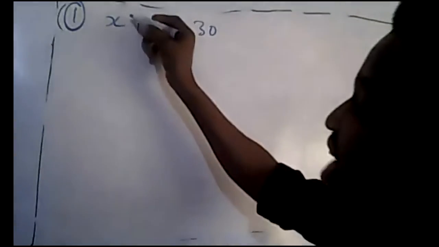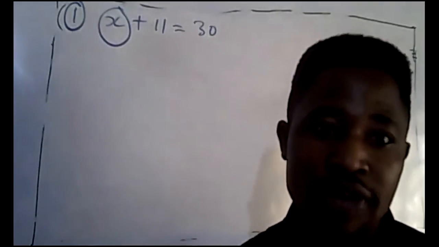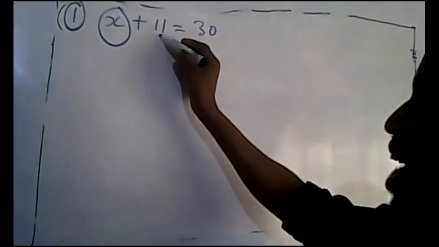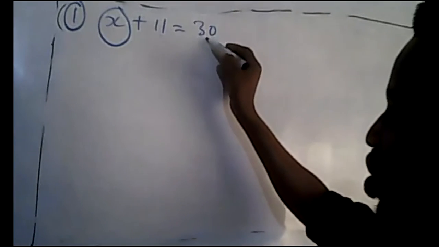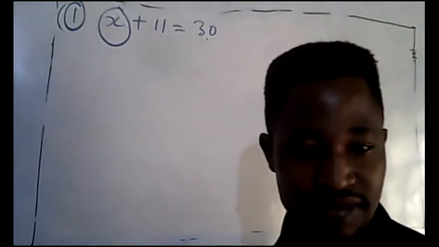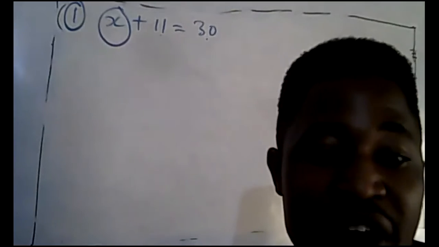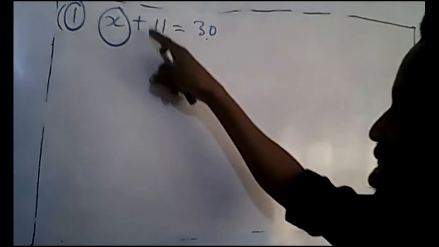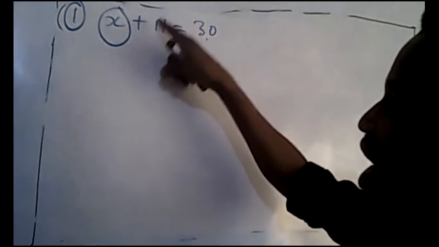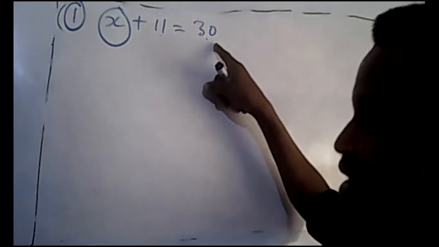We have to isolate x, make x stand alone, so that these like terms, 11 and 30, will come together as brother and sister. Yes, because they belong to the number family. These belong to the alphabet family. So this guy must travel from here to meet its family member 30.